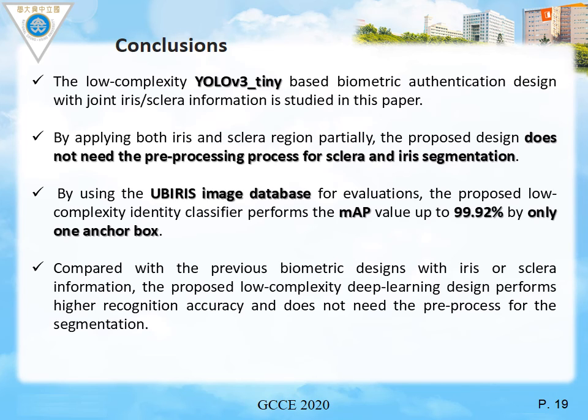Then, by using the UBIRIS image database for evaluations, the proposed low-complexity identity classifier performs the mAP value up to 99.92% by only one anchor box. Compared with the previous biometric designs with iris or sclera information, the proposed low-complexity deep learning-based design performs higher recognition accuracy and does not need the pre-process for segmentation.